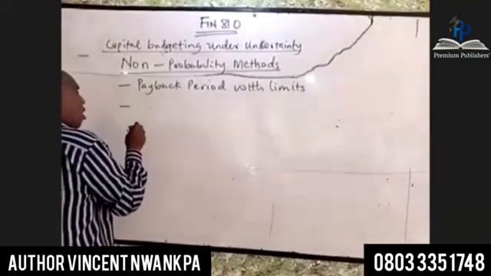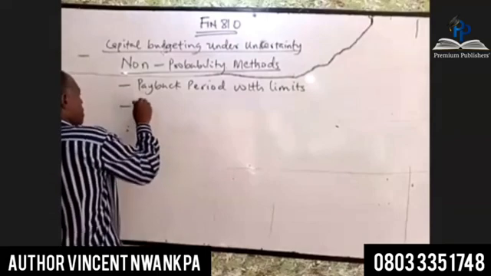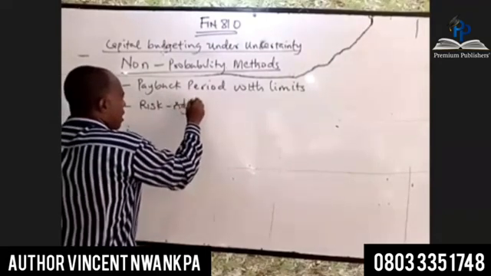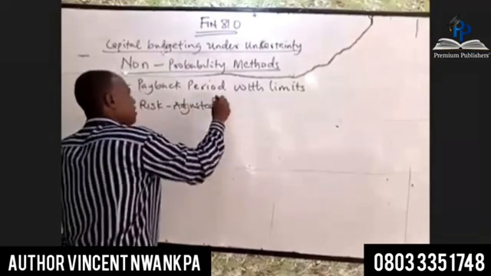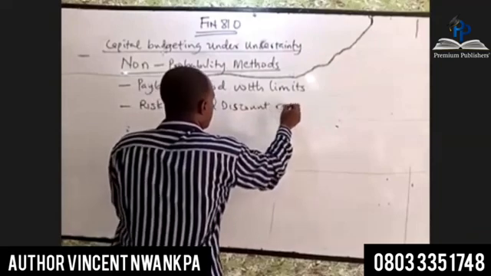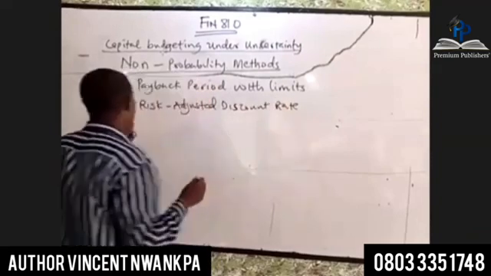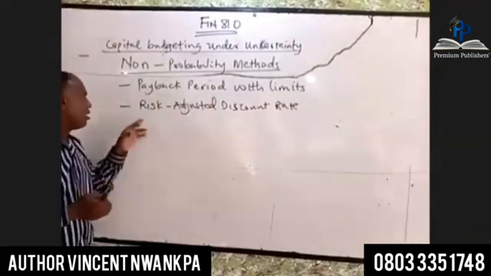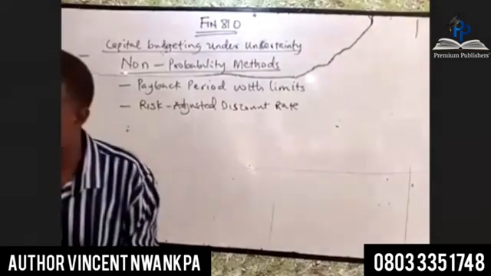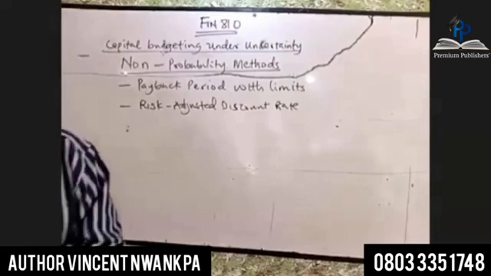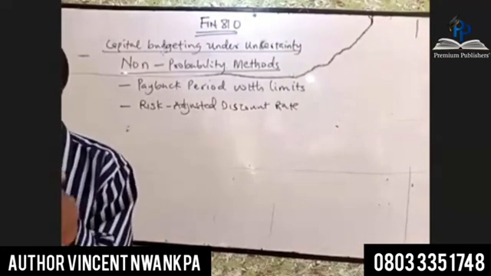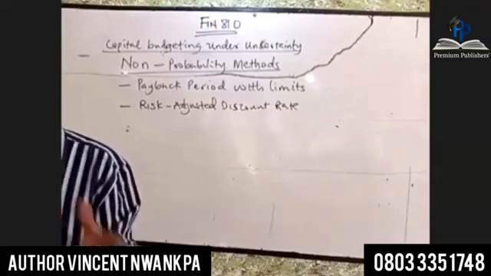The second one is the risk-adjusted discount rate. In this method, our cost of capital, or the discount rate, or the opportunity cost, has to be determined using two interest rates.